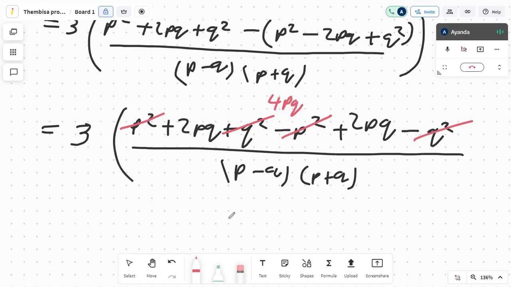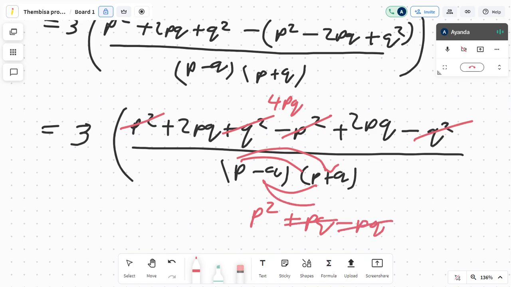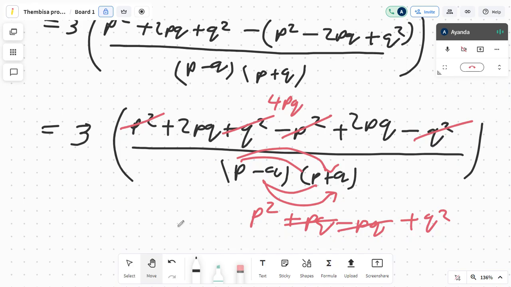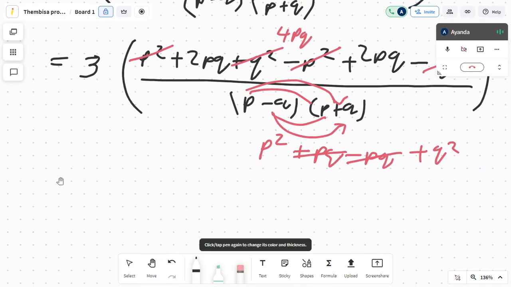4pq. And if we FOIL our brackets at the bottom, p times p gives us p², p times q gives us positive pq, minus q times p gives us negative pq. So these two will cancel each other out. Minus q times q gives us q². So here we go to our final answer.